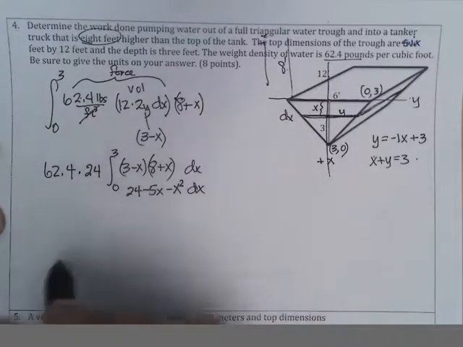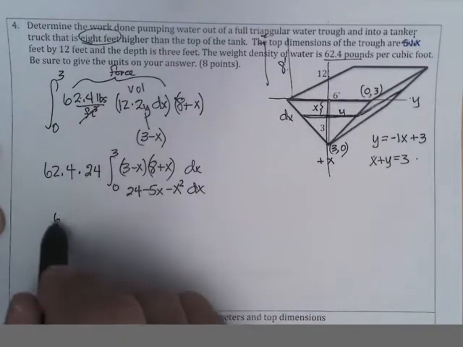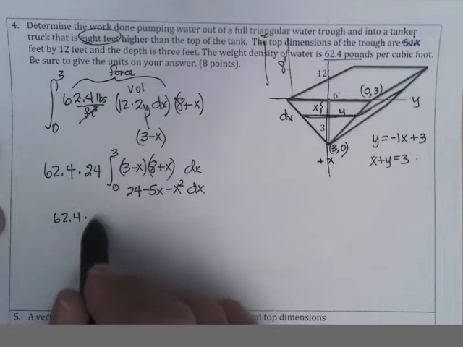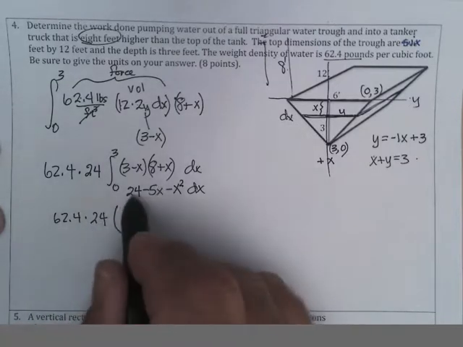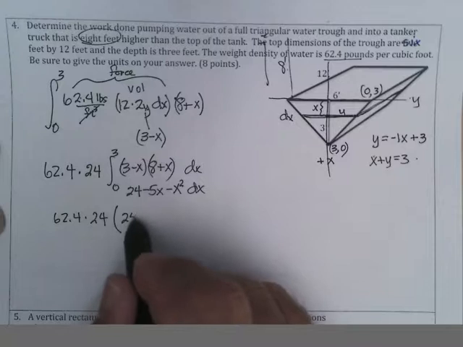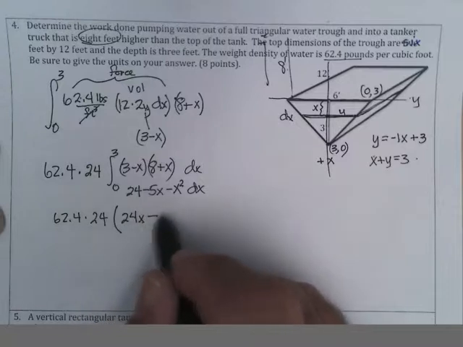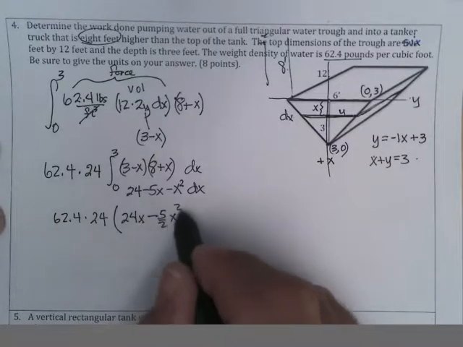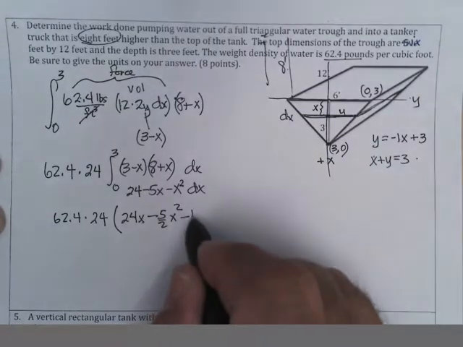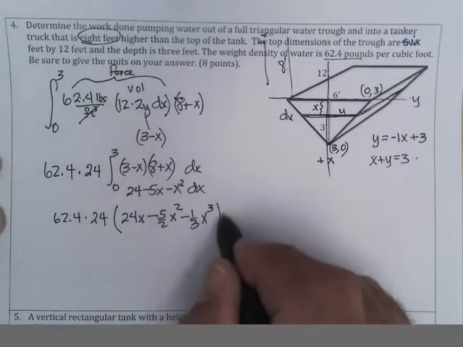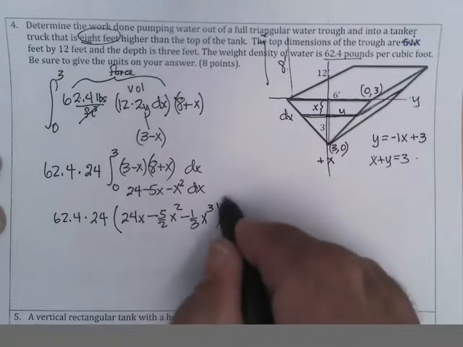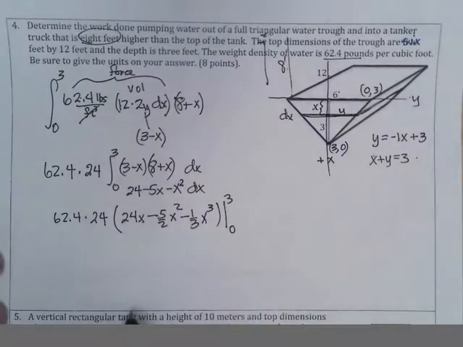So I got 62.4 times 24, and the antiderivative is 24x minus 5 halves x squared minus 1/3 x to the third, evaluated from 0 to 3. The 0 is going to give me nothing.